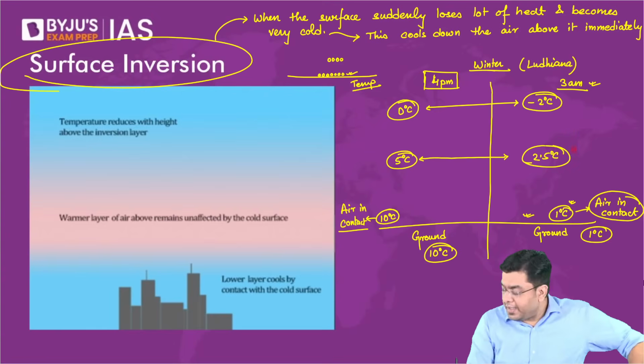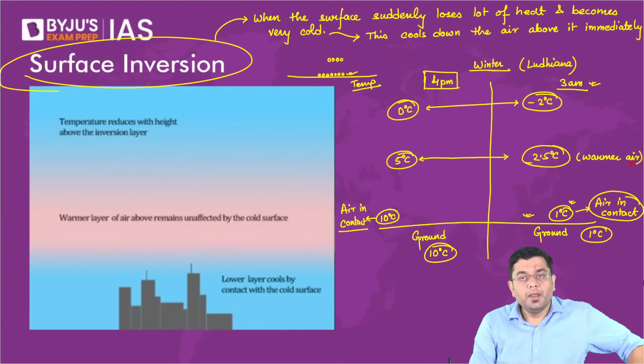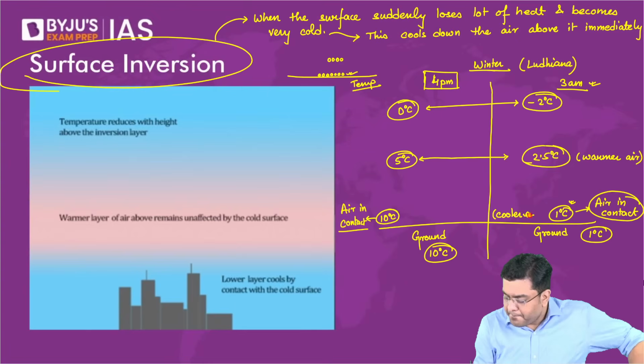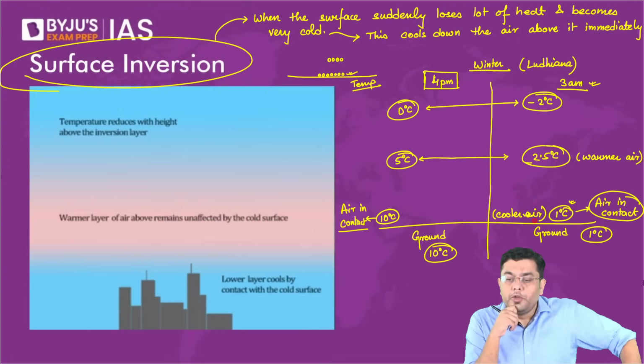So what do you have? Here, in comparison to the ground, you will have warmer air. Here in contact, you will have cooler air. So cooler air at the bottom, warmer air at top.